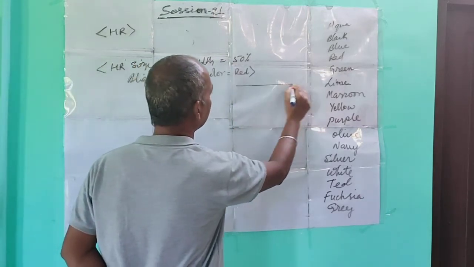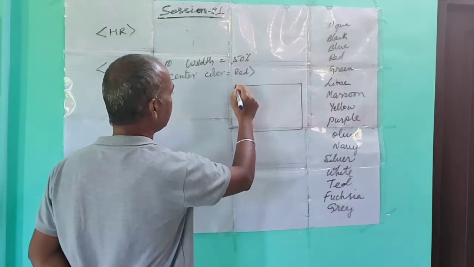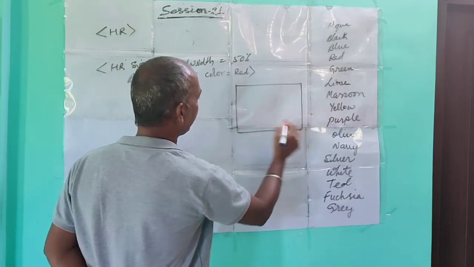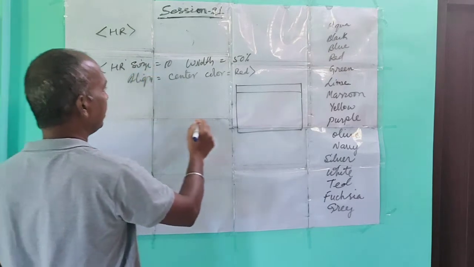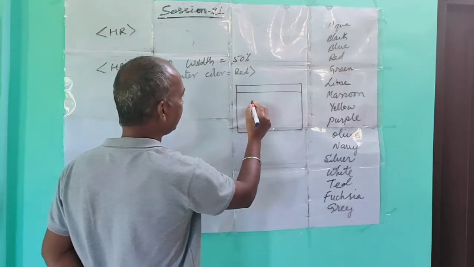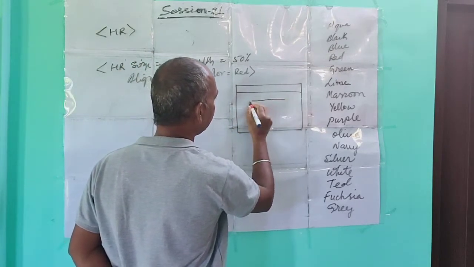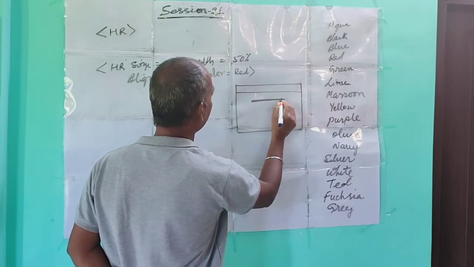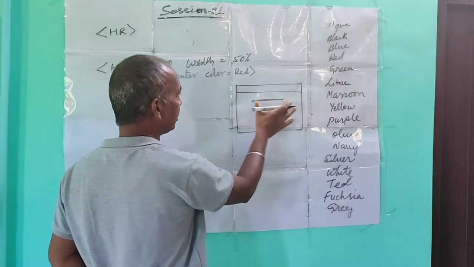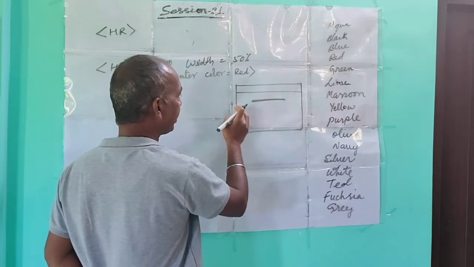This is the web browser, this is the web page. HR size is 10. The size of the line becomes 10. I will give you 50%. From here to here is 100%.